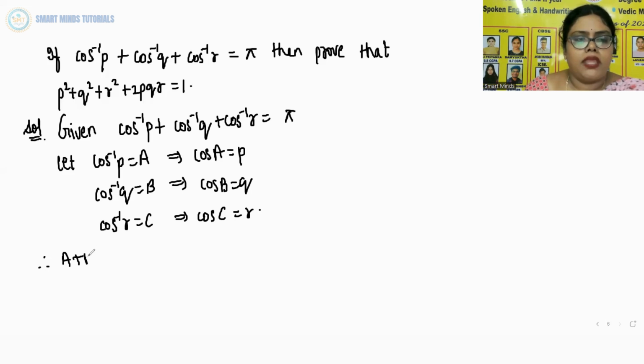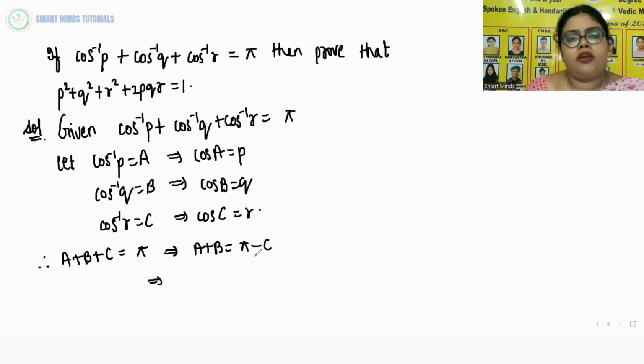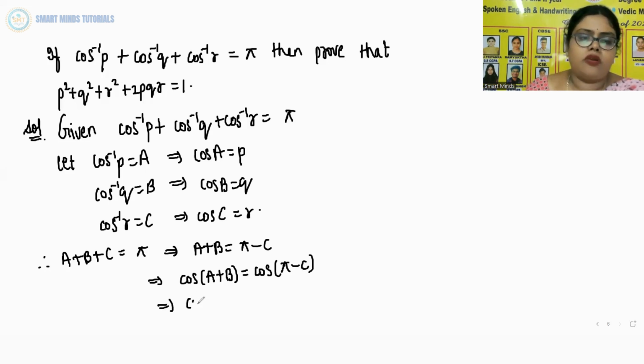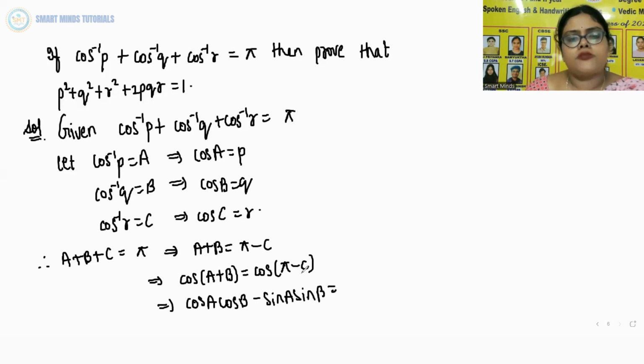Therefore, A + B + C = pi, which implies A + B = pi - C. Now if we take cos on both sides, we get cos(A + B) = cos(pi - C). Now what is the cos(A + B) formula? cos A cos B - sin A sin B. Now what is cos(pi - C)?